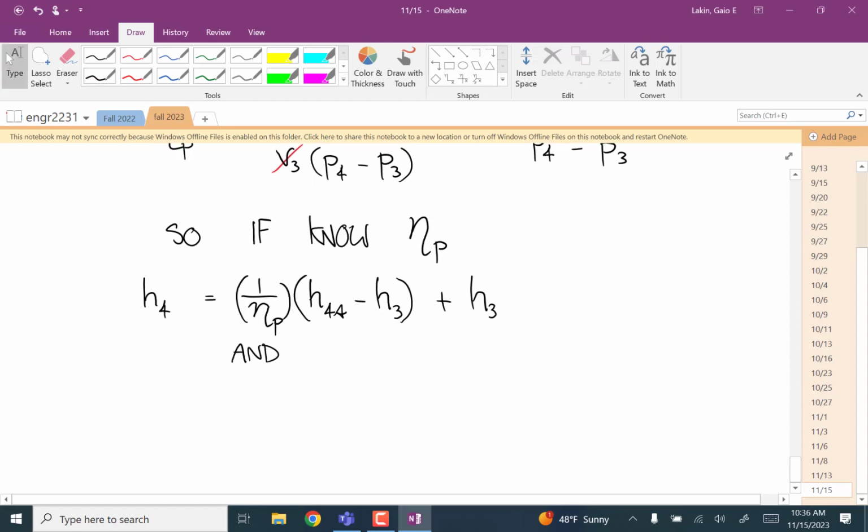And you can also use that the actual pressure at state 4 is 1 over that efficiency times the quantity P4S minus P3 plus P3.